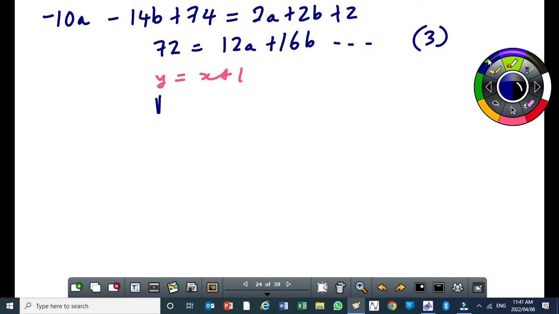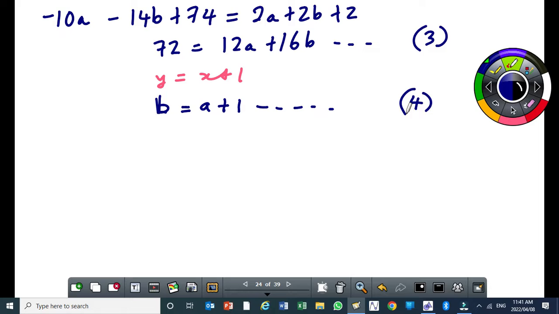So b is going to be equal to a plus 1. Are you following that? So this becomes equation 4.